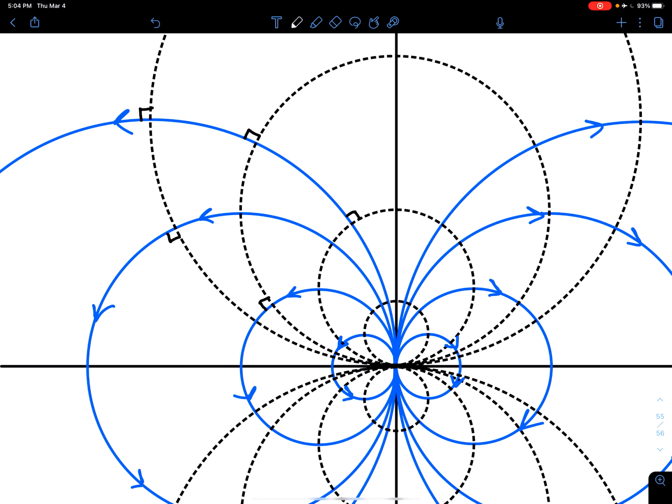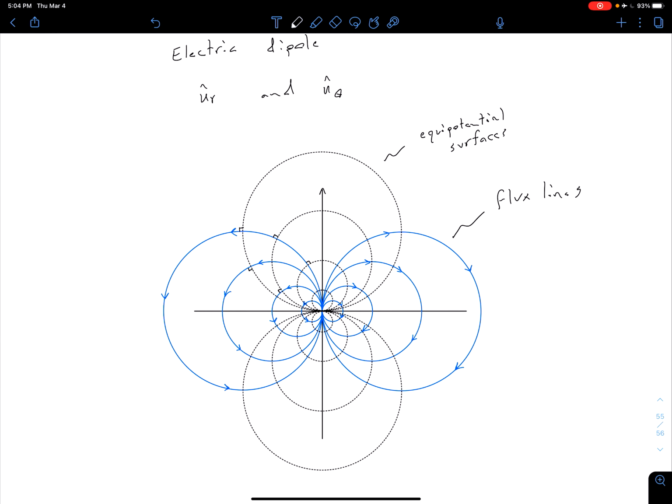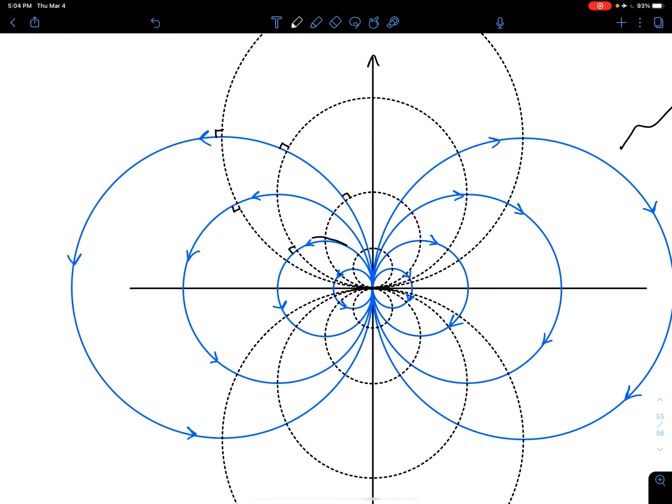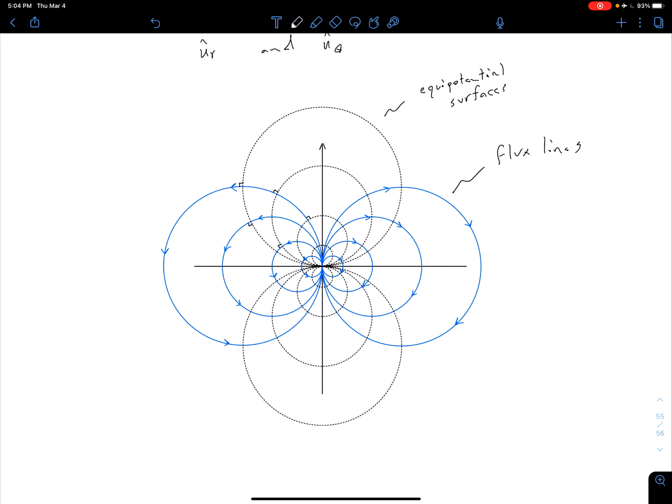For the most part, I didn't do too bad of a job drawing that. We can also notice that there are directional arrows. For this electric dipole, on the left side our directions go in a counterclockwise direction, whereas on the right the direction is clockwise. These electric flux lines are very useful for visualizing our fields.